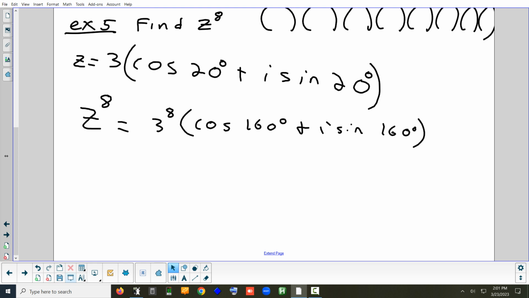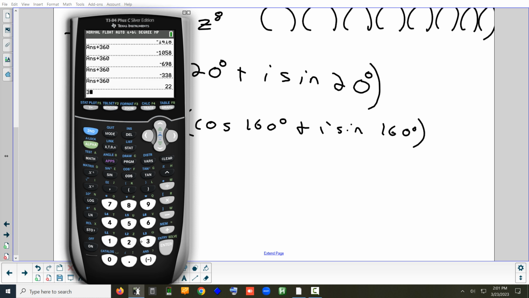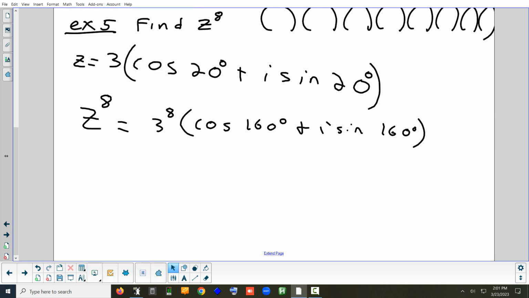Okay, so now we want to do out 3 to the 8th. I don't think that's that big. 6,561. Yeah, definitely small enough. We can do that.